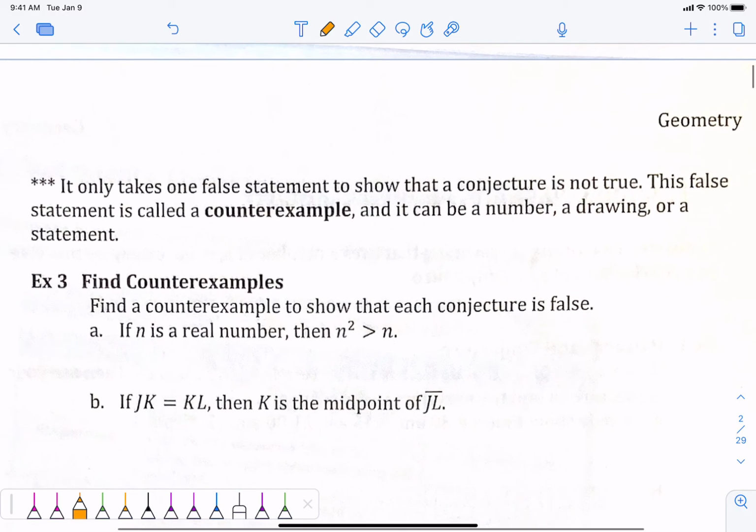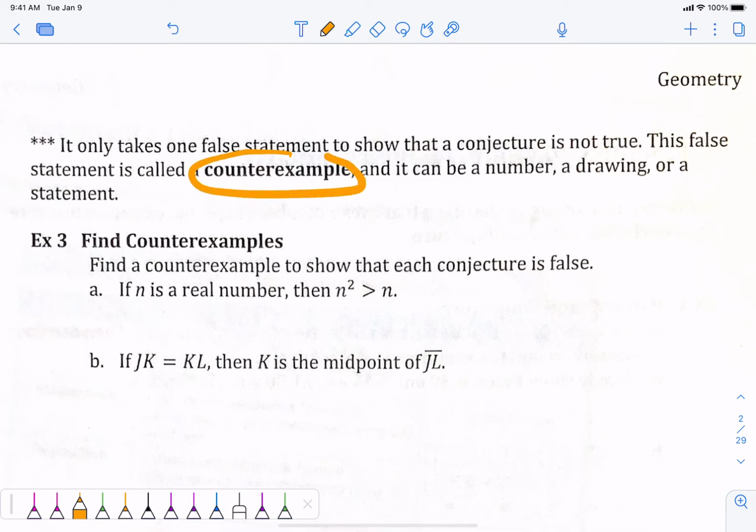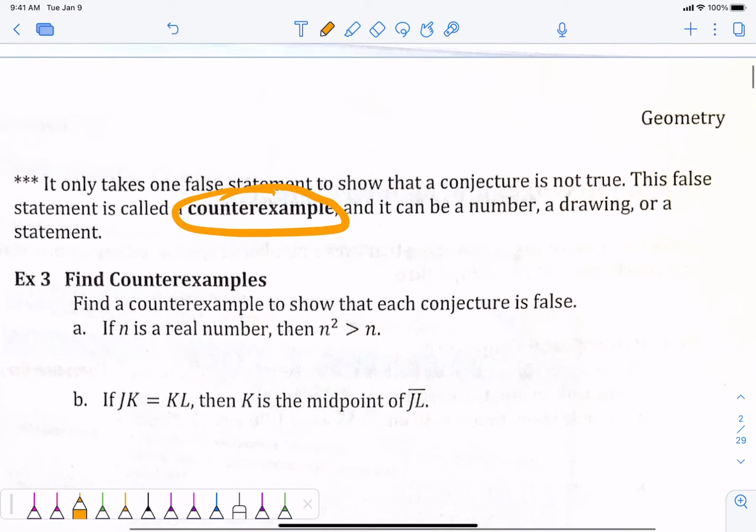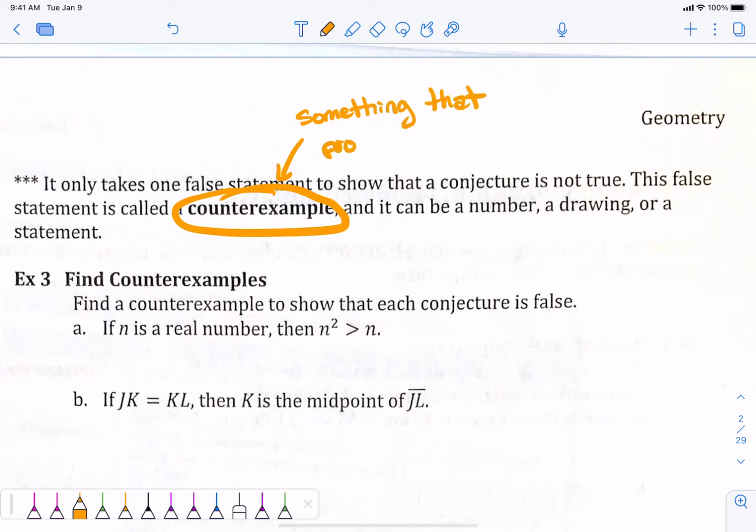And you guys don't have a backside, so just put this down here. Write the words counter example on the backside at the top. Okay? And a counter example is something that proves a statement false.